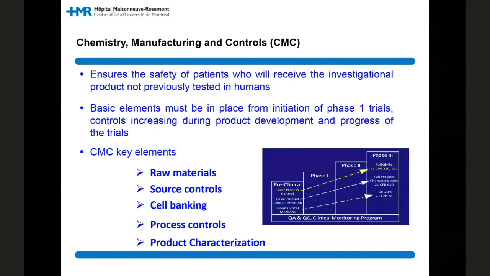However, by the time that you get into phase 3, you must be full GMP compliant, and you must have product that's very well characterized. As you're going along, it's tolerated that your tests are not necessarily perfect, but you need to improve on that and have full product characterization by the end.